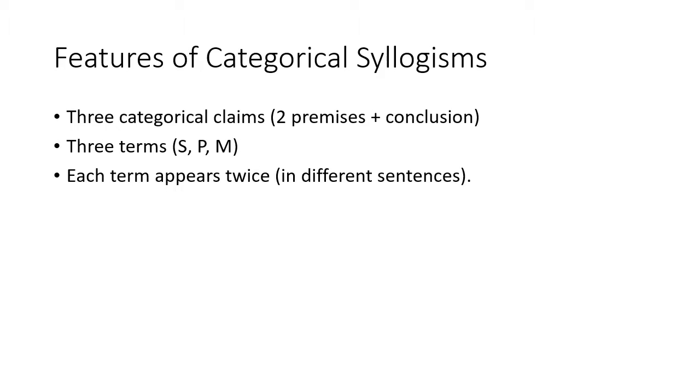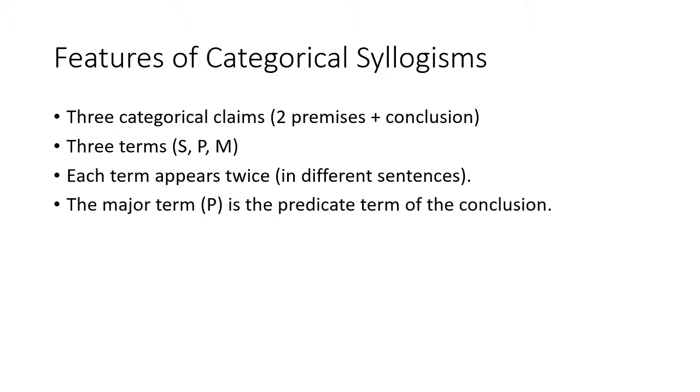Cats appears twice. It appears in one premise and then the conclusion, and then reptiles also appears twice. It appears in a different premise, and then in the conclusion. So every categorical syllogism is going to have three terms, and each term appears twice.